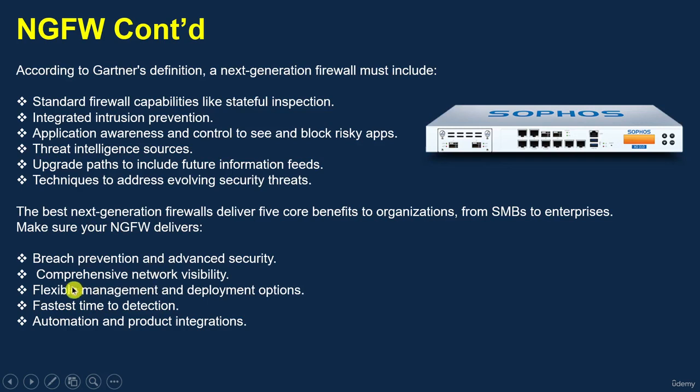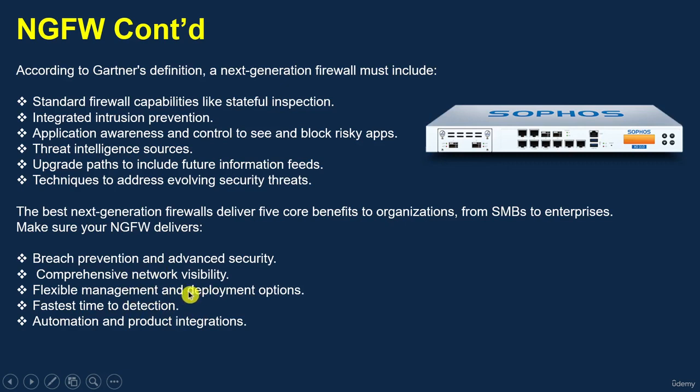The next one is flexible management and deployment options. Whether you are a small to medium sized business or a large enterprise, your firewall should meet your unique requirements. There should be flexible deployment scenarios, and management must be simple for any of your use cases.